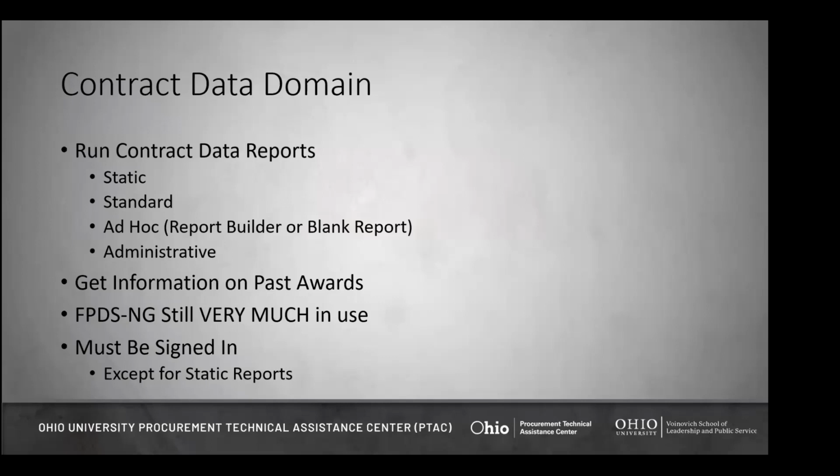Now, if I'm doing overall market research from a high level, I'm probably going to usaspending.gov. But even on sam.gov, you have some really good static and standard reports you can use. And then they have an ad hoc report builder, which is the ability to build your own reports to get that past contract award data.